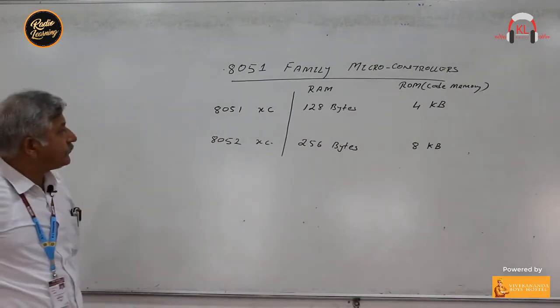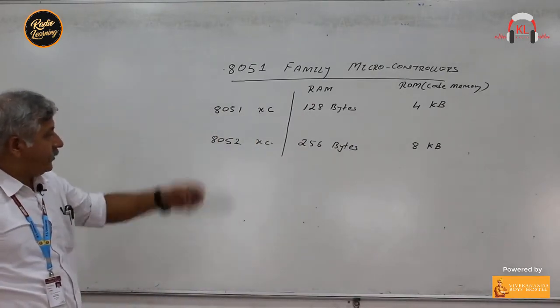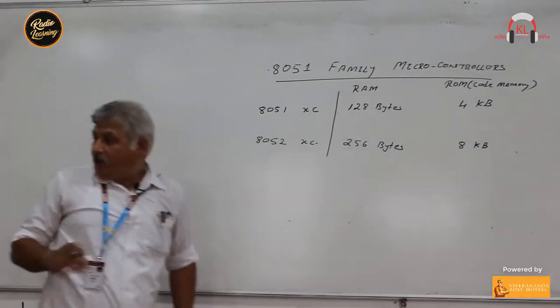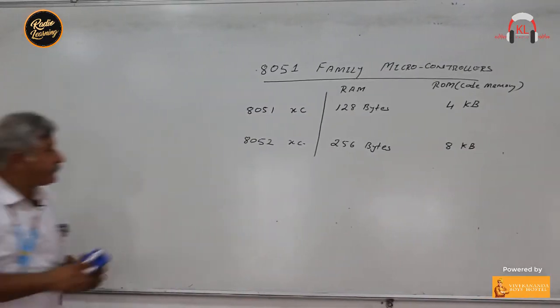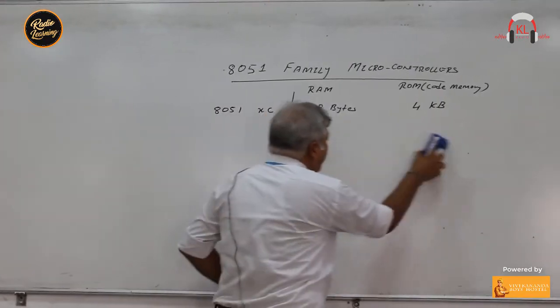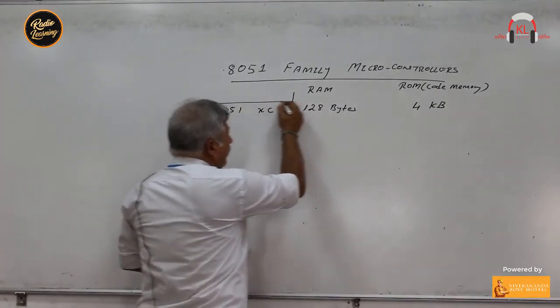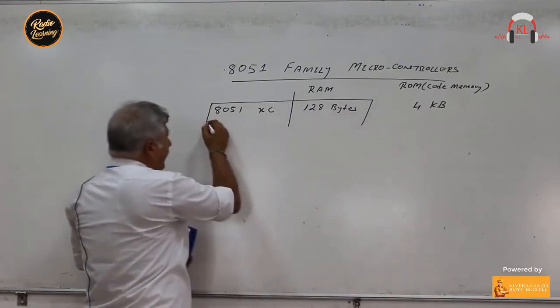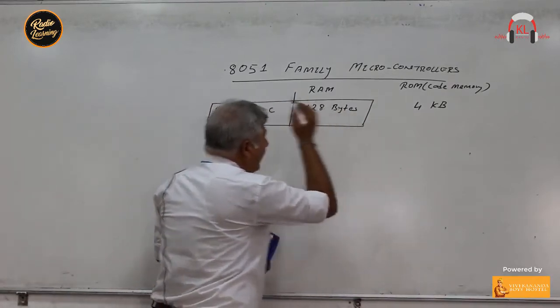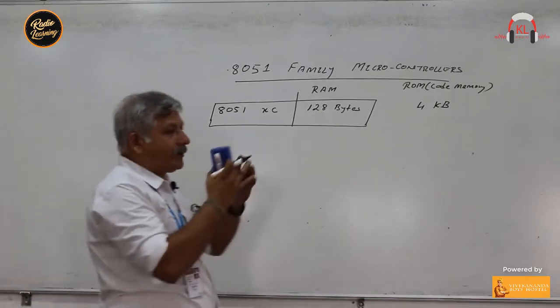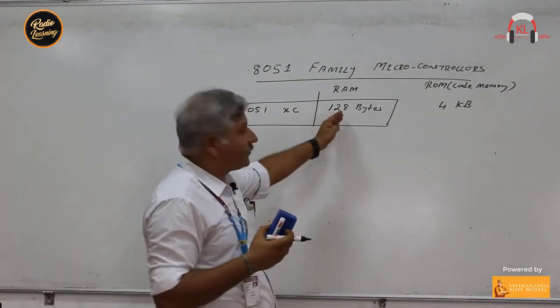So this is regarding the memory of this microcontroller. Now if we talk about the RAM of the 8051 microcontroller, I will draw the basic internal architecture of this RAM.